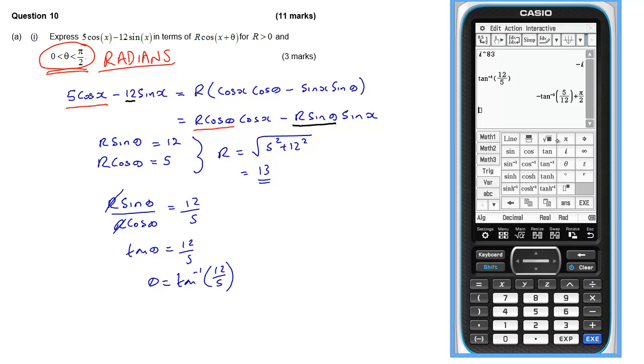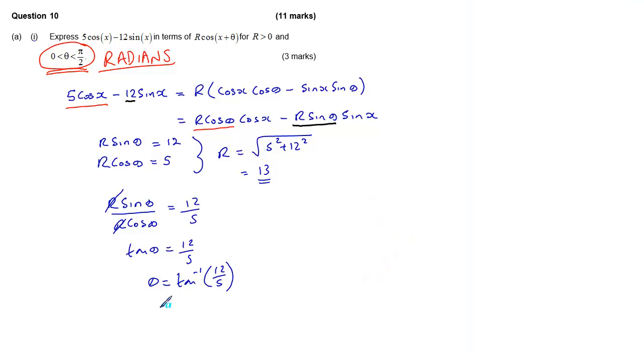And it's probably best to be in decimal. And that's 1.176 radians. And so we can say 13 cos(x plus 1.176 radians).